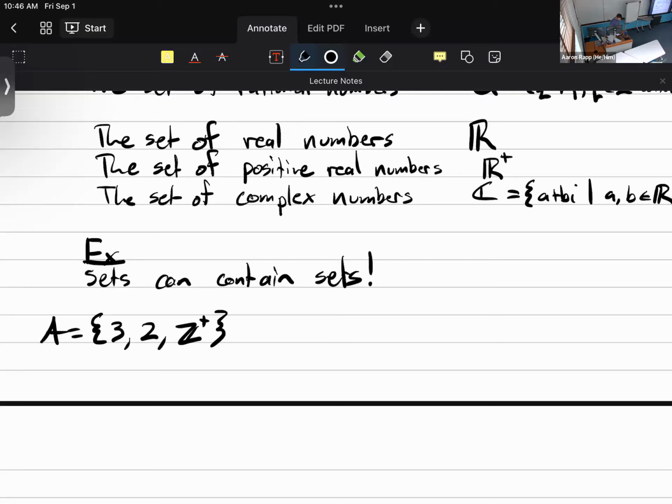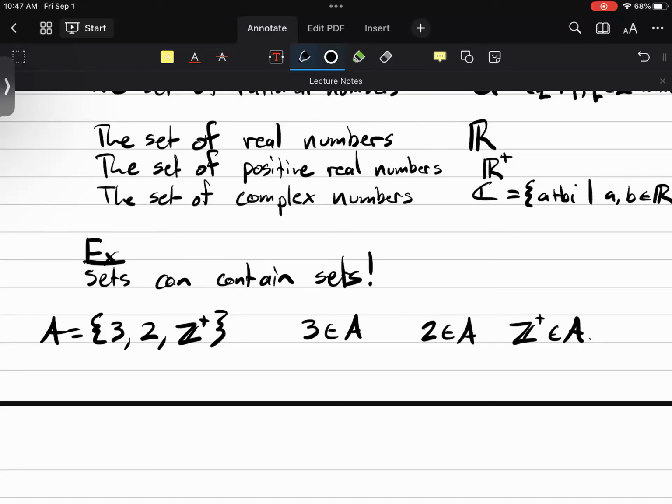I'm going to call this my set A. And how many elements are in this set? Only 3 elements. What are the 3 elements in this set? Yeah, so 3 is an element of the set A. Okay, 2 is an element of the set A. And the set of positive integers is an element of the set A. Is 1 an element of this set?